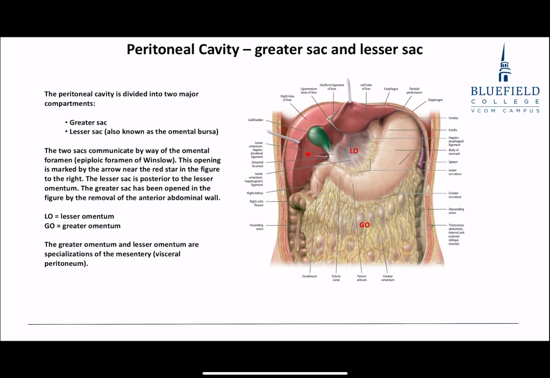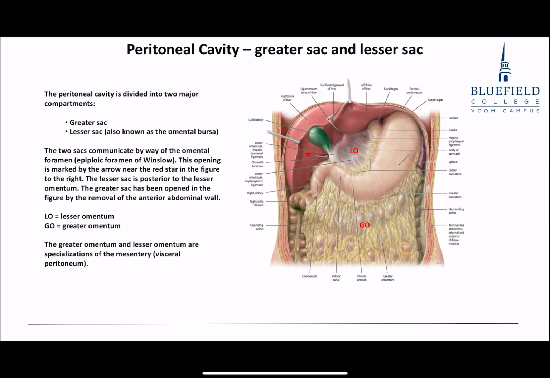And clinically, the important part about this lesser sac is that the only way to get out any fluid or accumulation, like if there's an infection back there and you get ascites fluid, is through that little space here. So that's the only connection between the greater sac and the lesser sac.